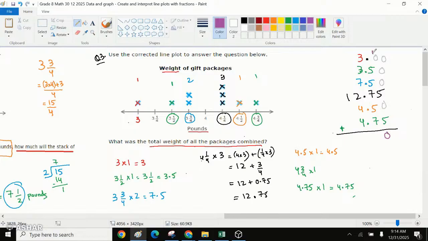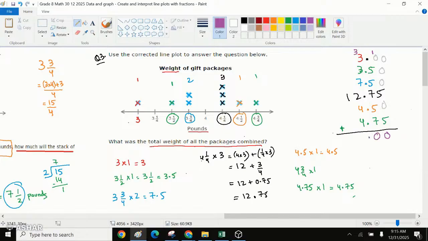We carry 1 over here. 1 plus 5 is 6, 11, 18. 18 plus 5 is 23, and 23 plus 7 is 30. So let's confirm: 1 plus 5 plus 5 plus 7 plus 5 plus 7 would be 30. So we keep the 0 over here and we carry the 3.